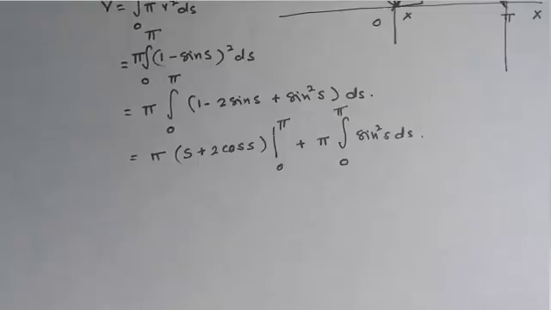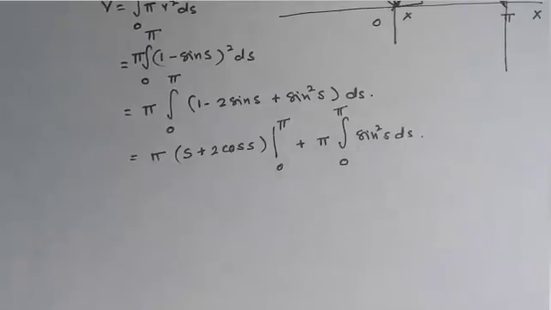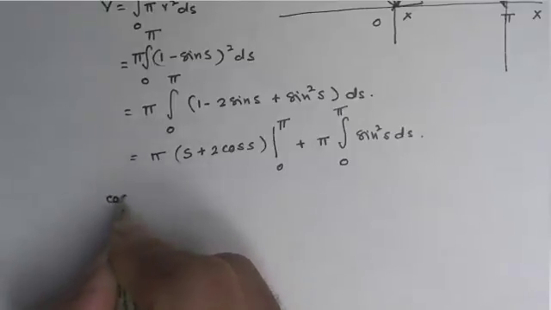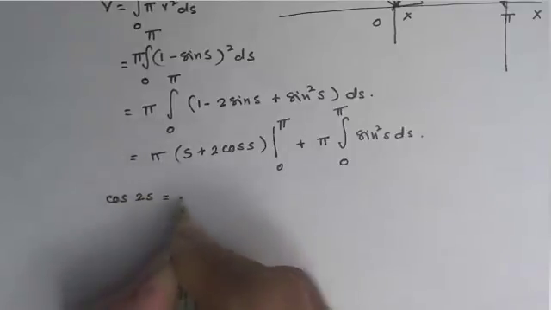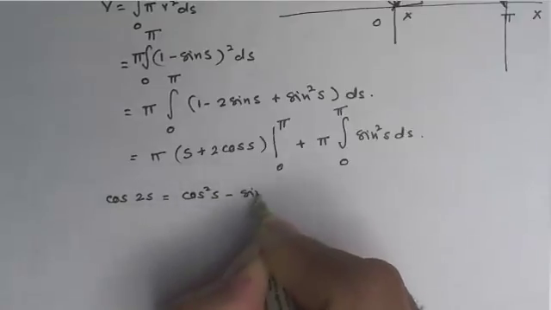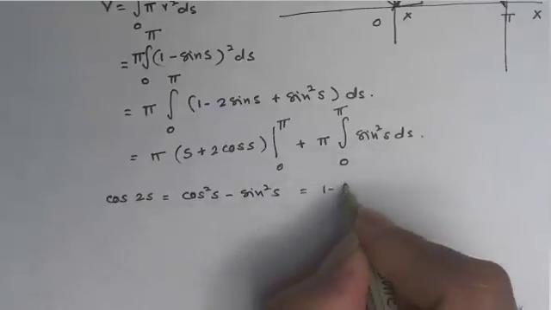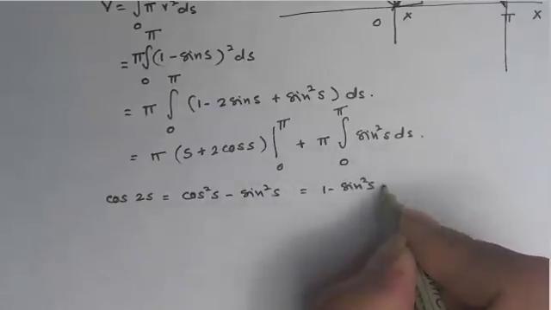So I'm going to show you the standard trick to do this integral. And the standard trick is to begin with the double angle formula for cosine. So cosine 2s equals cosine squared s minus sine squared s. And cosine squared s itself is 1 minus sine squared s.